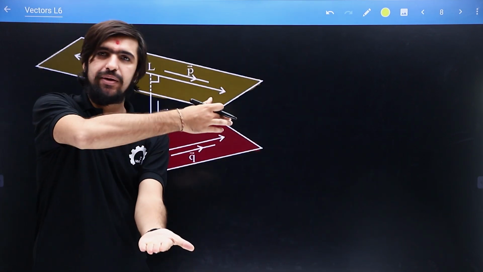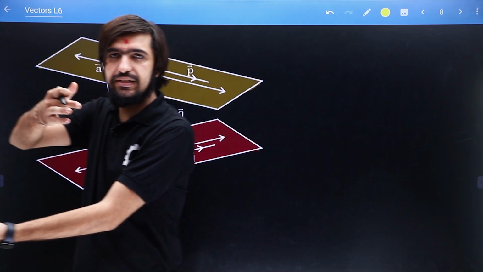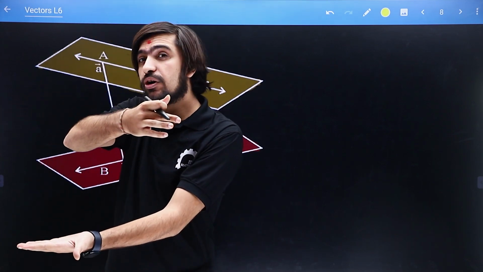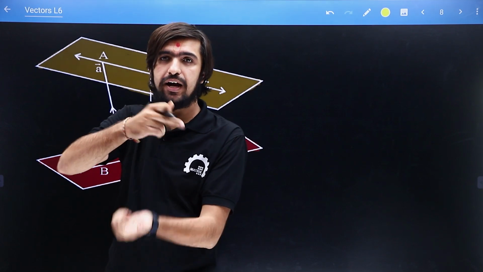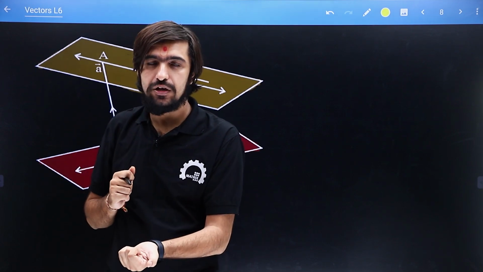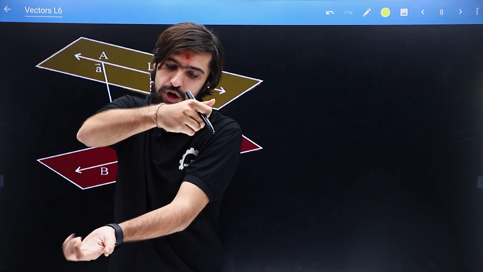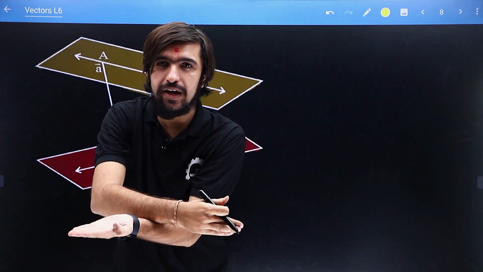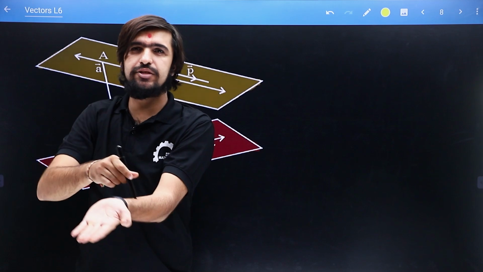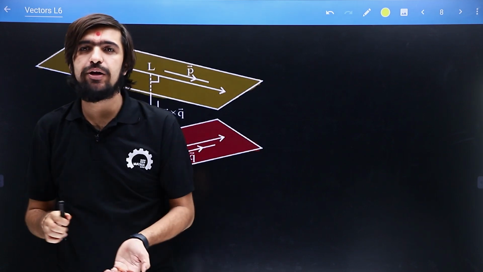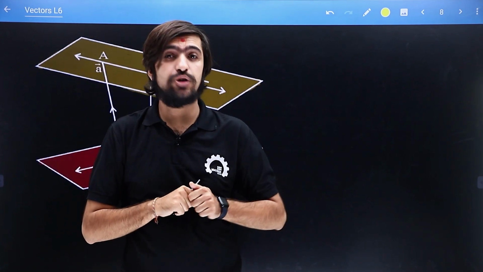These are my two hands. What will be the shortest distance? The shortest distance should be the line perpendicular to this hand and perpendicular to this hand. So we can join the two hands like this, and the line perpendicular to both will be the shortest distance.